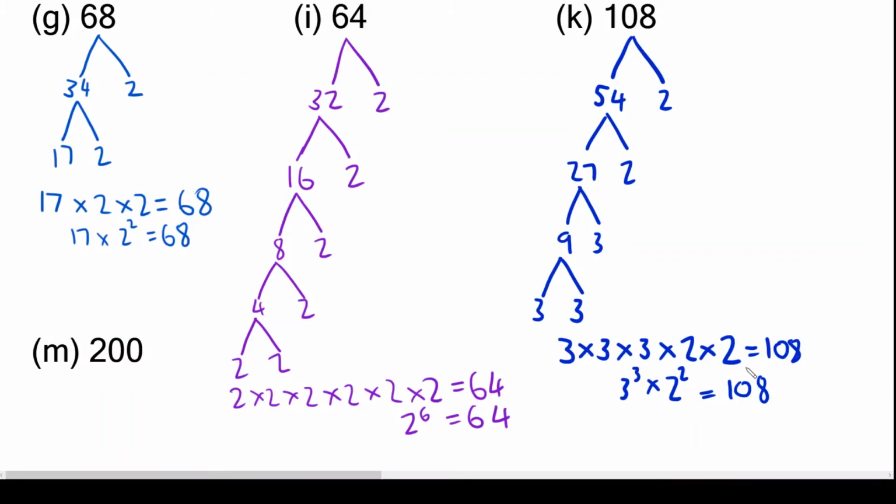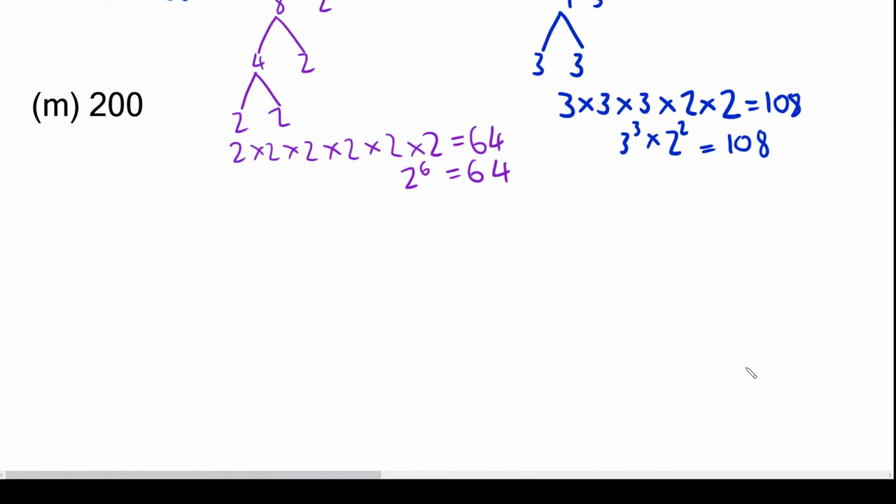So last one, we've got 200. Okay, this is going to be a tricky one to do, so let's think about it. We've got 100 times 2. Then we'll have 50 times 2.